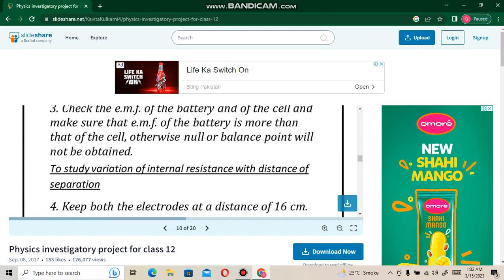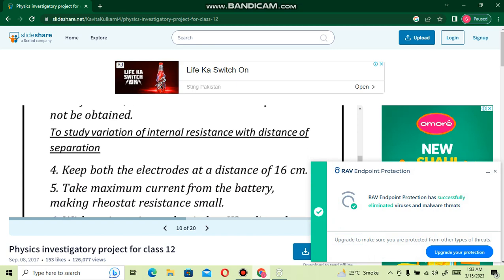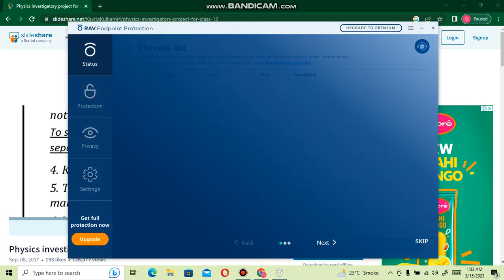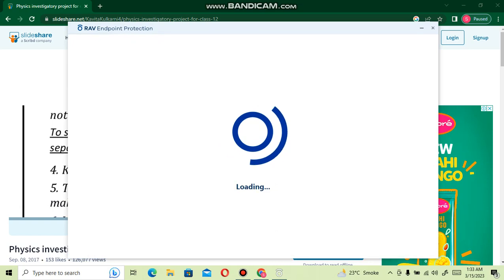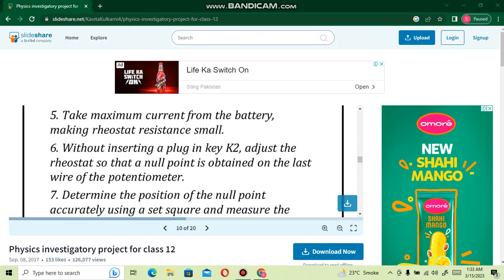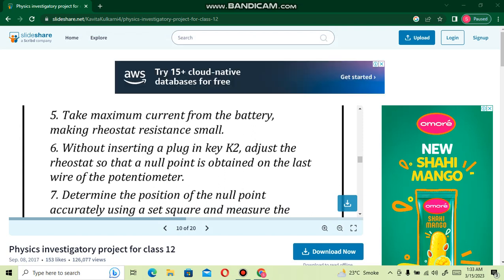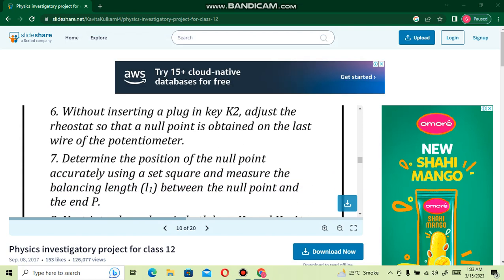To study variation of internal resistance with distance of separation. Keep both the electrodes at a fixed distance, and without inserting a plug in key K2, adjust the rheostat so that a null point is obtained on the last wire of the potentiometer.